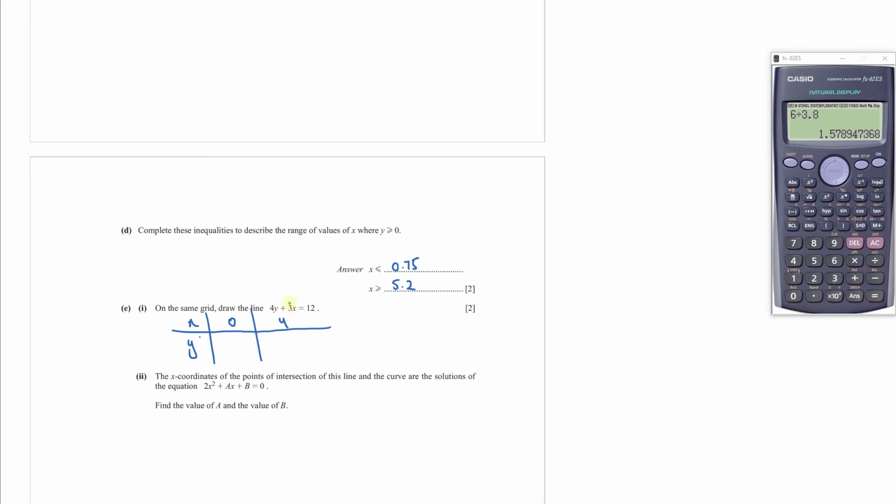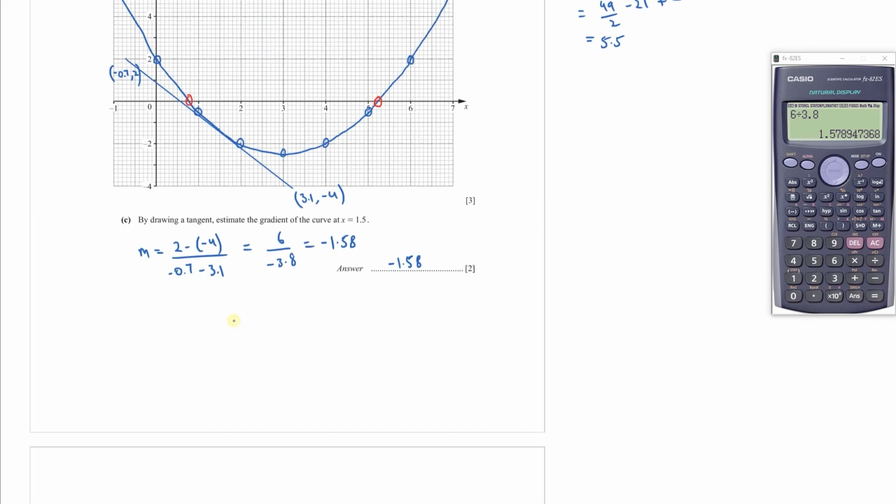When x is 0, this becomes 0, and then 4y equals 12, then y equals 3. And when x is 4, you get 4y plus 3 into 4 equals 12. This becomes 12. 4y equals 12 minus 12 will be 0, and then y equals 0. So your 2 points are 0, 3, and 4, 0.